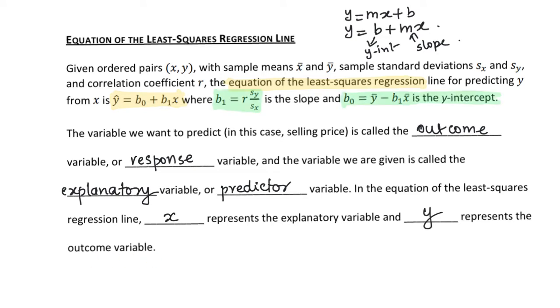The formula for the slope of the least squares regression line is r times sy over sx, r times the ratio of the sample standard deviations. And for the y-intercept, replace the y hat and x with the mean of y and x and solve for b naught. That means subtract this from both sides, and you will get b naught.